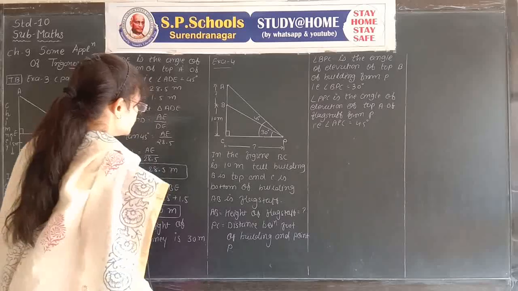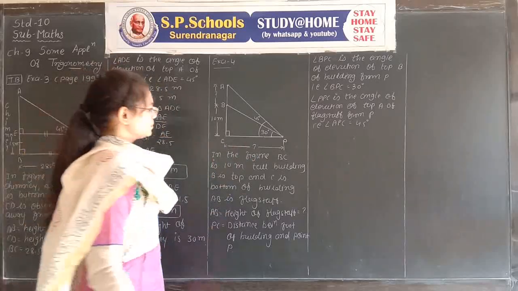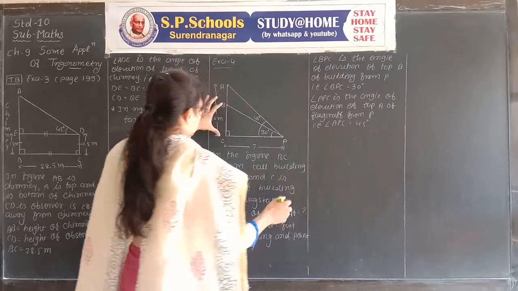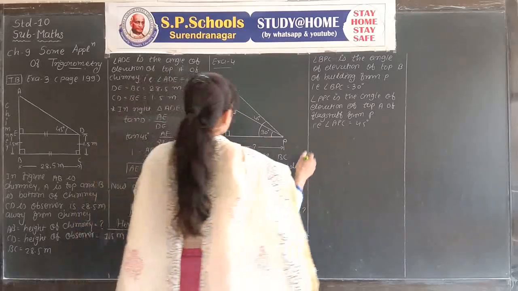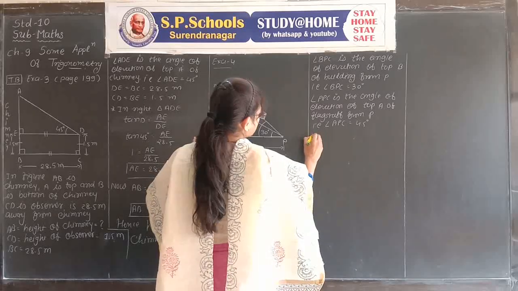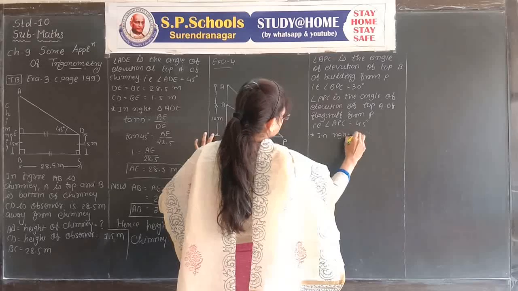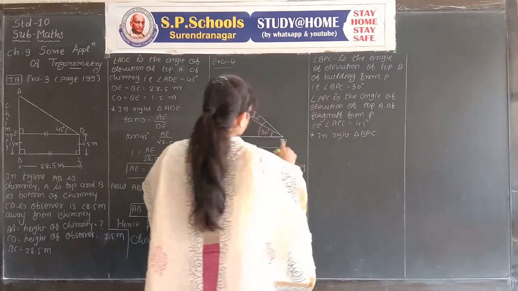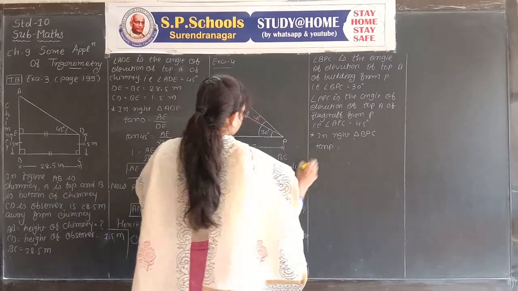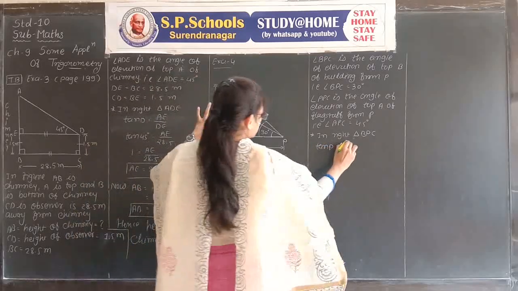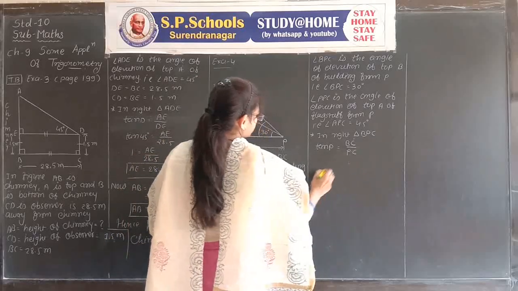First of all, the convenient step is to find PC or CP by using tan 30, opposite upon adjacent, in right triangle BPC. In right triangle BPC, tan P is equal to opposite BC upon adjacent PC.